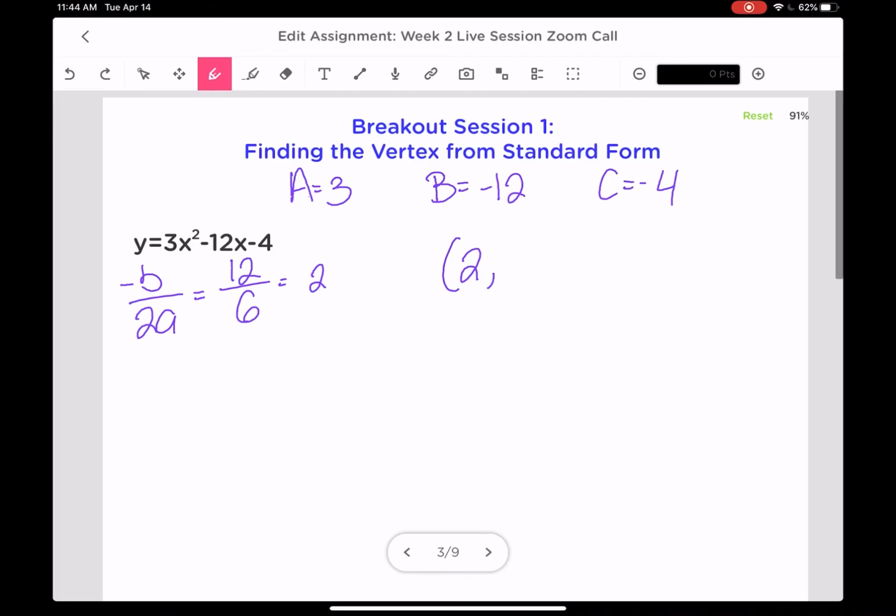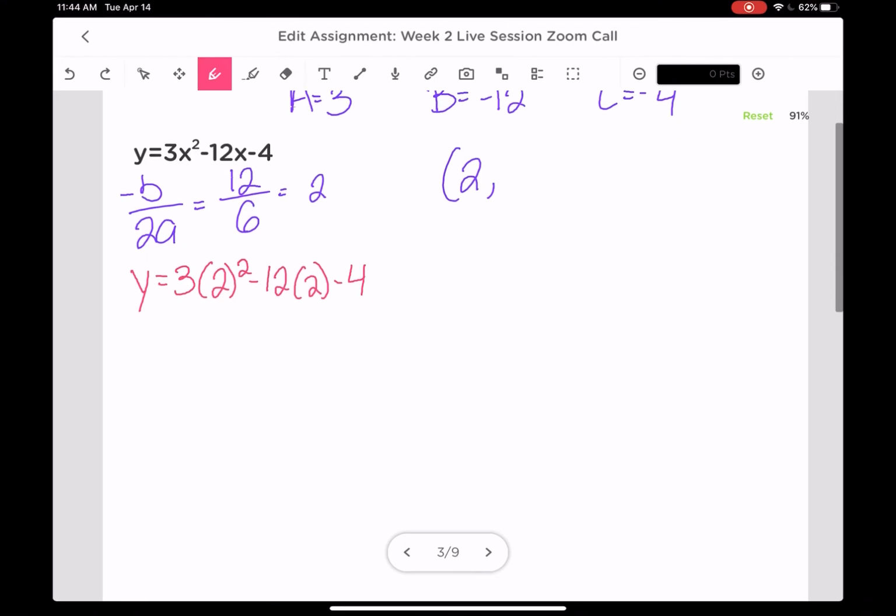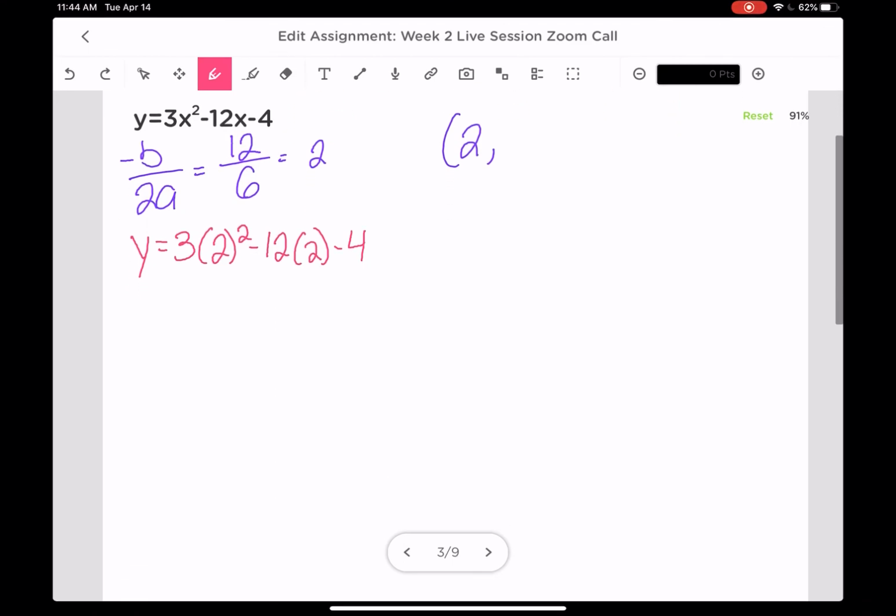So I know that the x value of my vertex is going to be positive 2. Now to solve for the y value of this vertex, take that 2 and substitute it in for x in your original equation. So y equals 3 times 2 squared minus 12 times 2 minus 4. Again, don't forget to use your order of operations.